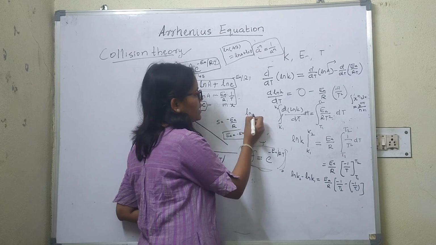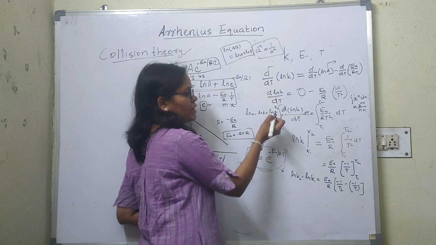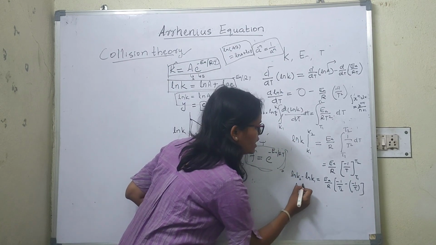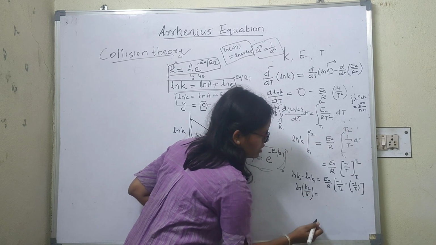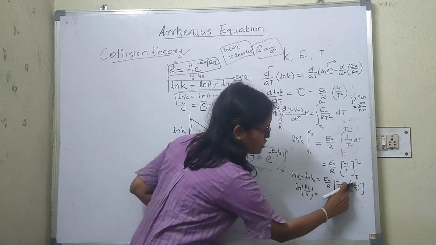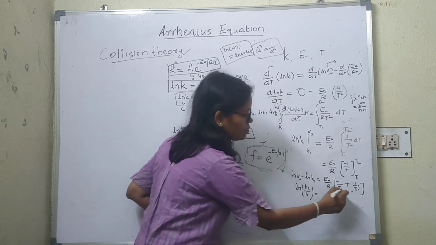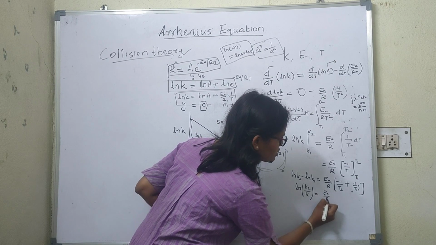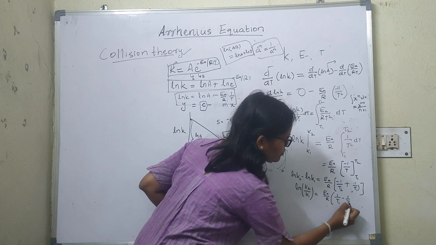We know that ln A minus ln B is equal to ln A by B. So ln K2 minus ln K1 will be ln K2 by K1. And here minus of minus becomes plus, so you have minus 1 by t2 plus 1 by t1, or you can write it as 1 by t1 minus 1 by t2.